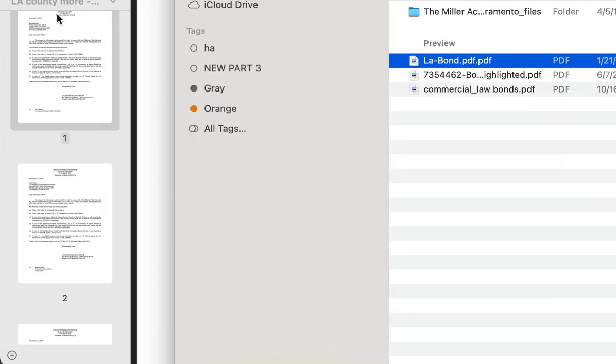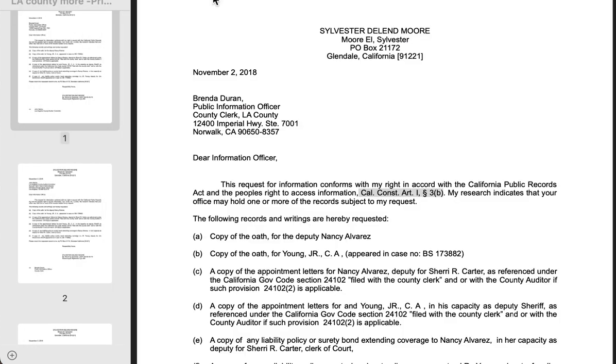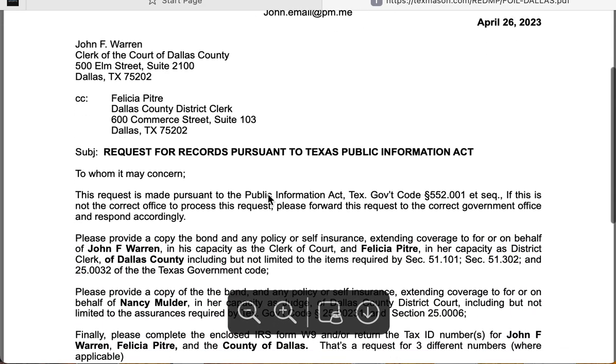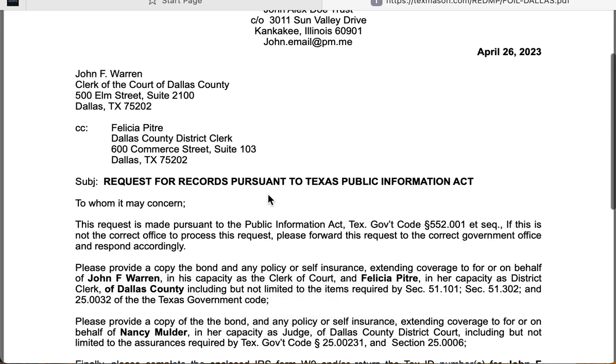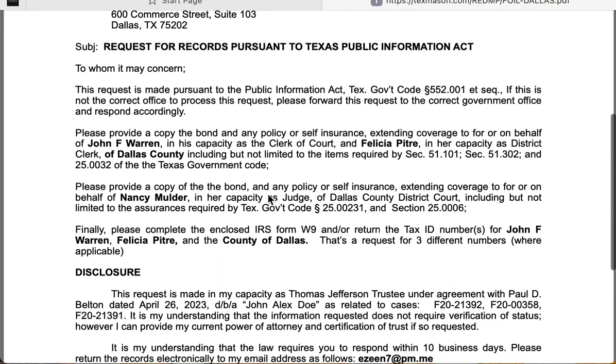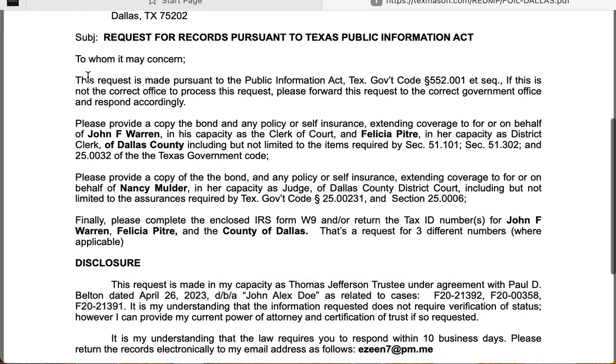And that's it, right? So again, here's another example. So I said we start out by requesting the information. We need this information before we even engage in discharging the matter. Here's a different example. Let's look at this letter. This is the actual letter that I sent to get this information.